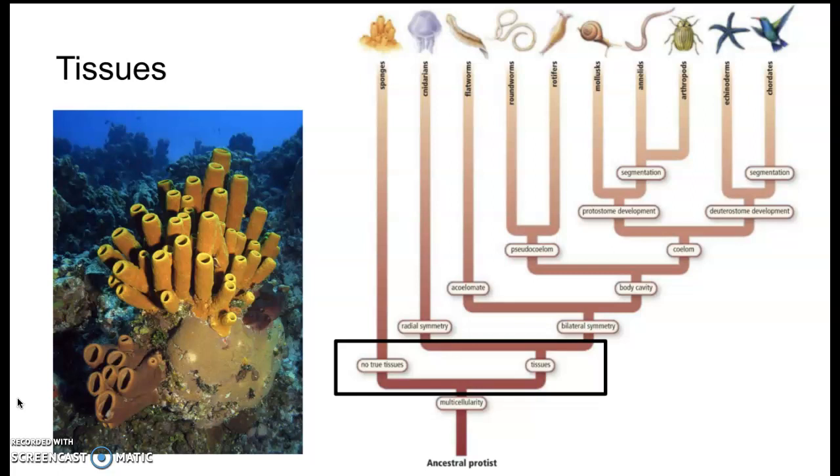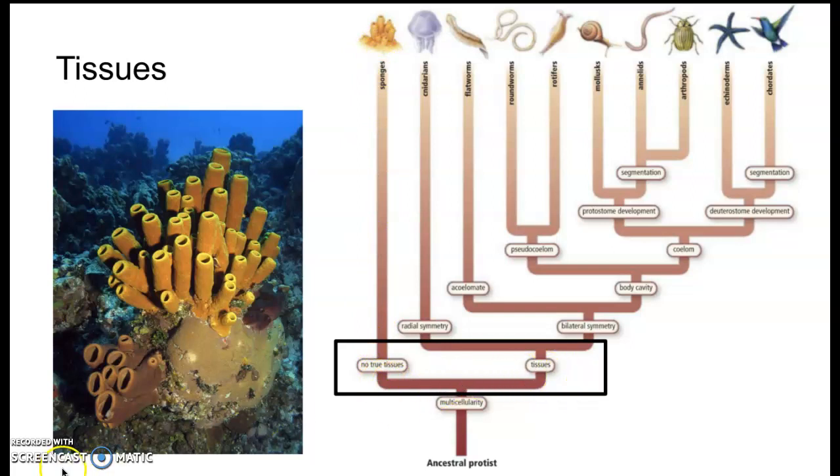So you may have your vascular tissue, for example in plants, that helps carry materials. Here we have no tissues, and the only organism that does not have tissues, like I mentioned the last time, is sponges.